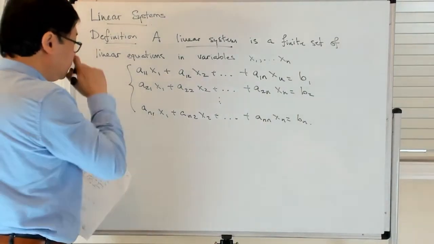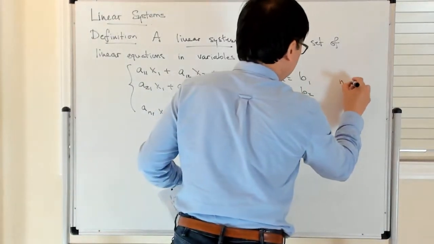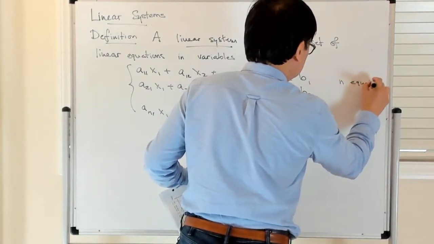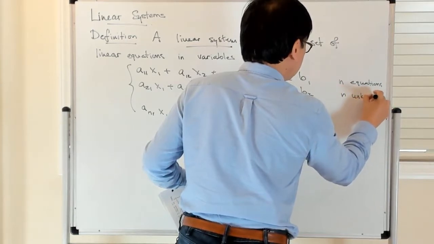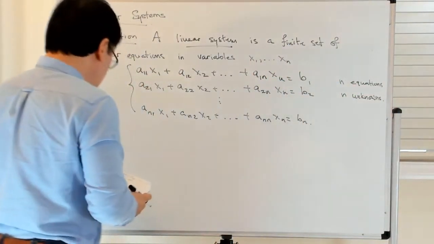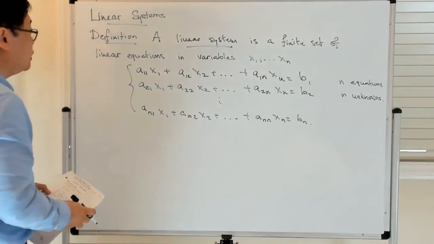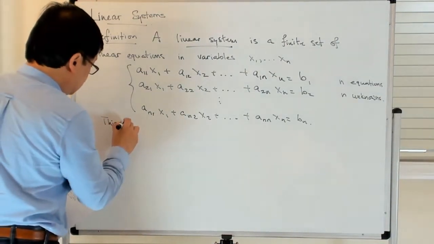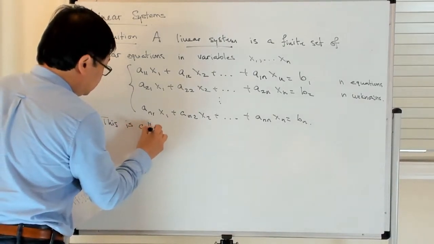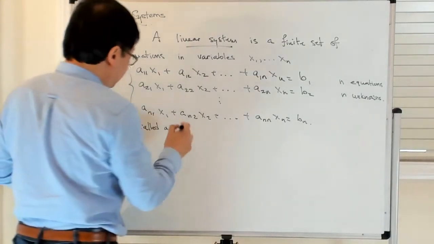So n equations and n unknowns. So this is called a system of linear equations.